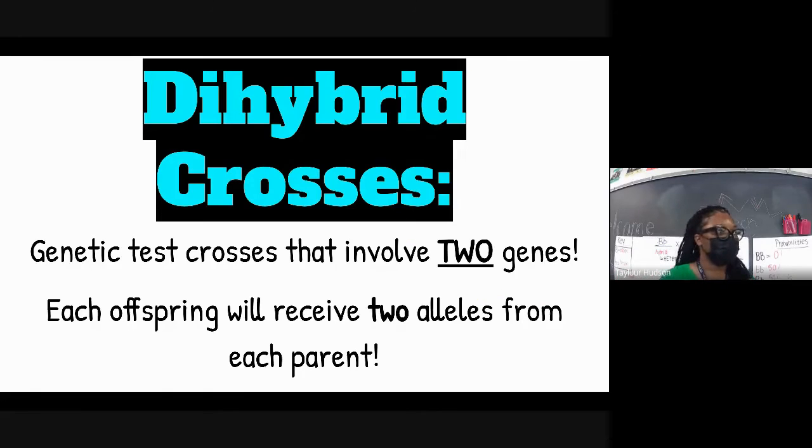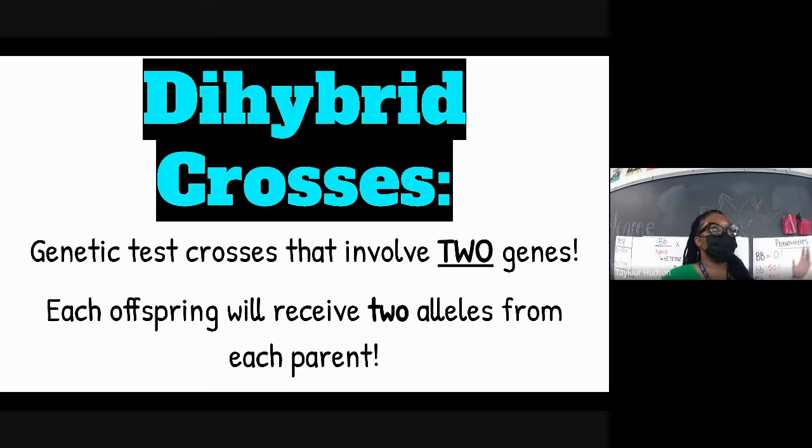Beginning of the portfolio, a dihybrid cross. So a dihybrid cross is a genetic test that instead of involving one trait like a monohybrid cross, it's going to involve 2. All right? So we're not just going to be dealing with 1 letters, not just B's.